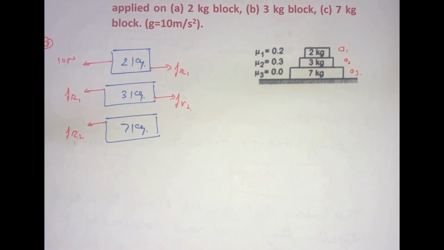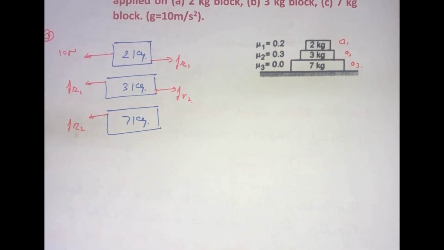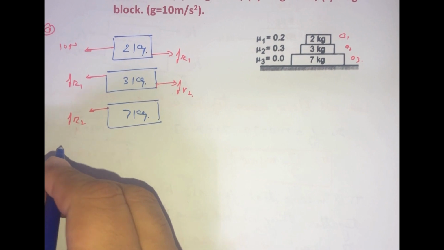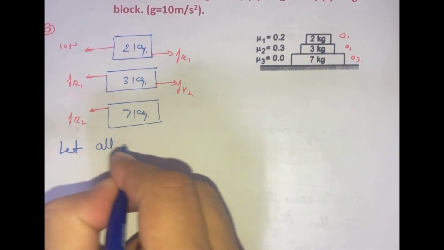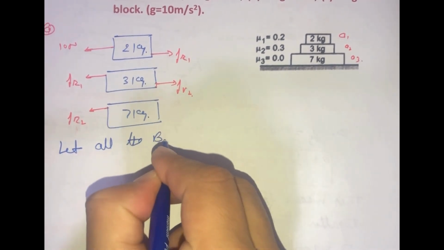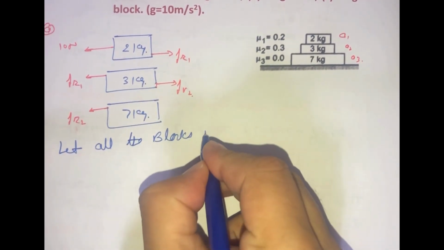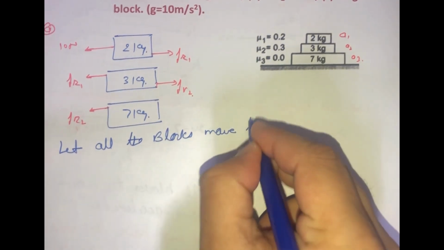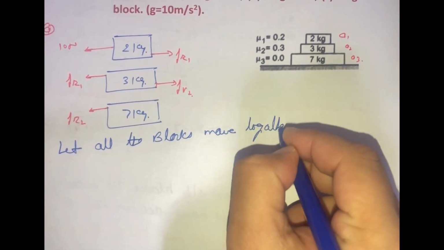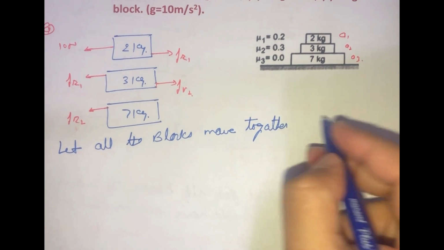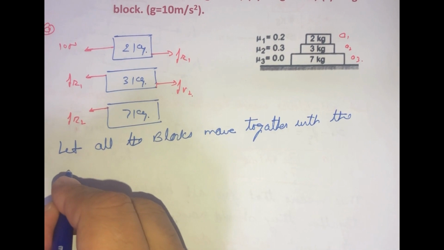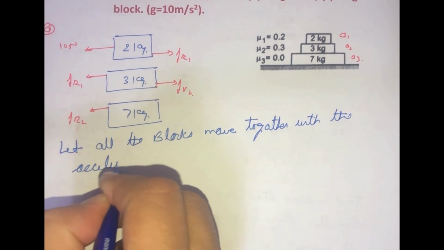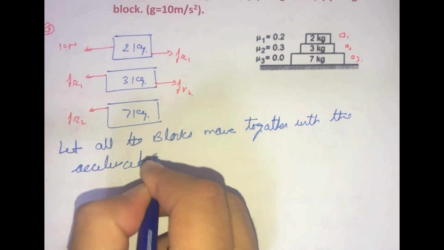So once again we are going to assume that all the 3 blocks are moving together with the acceleration A1.